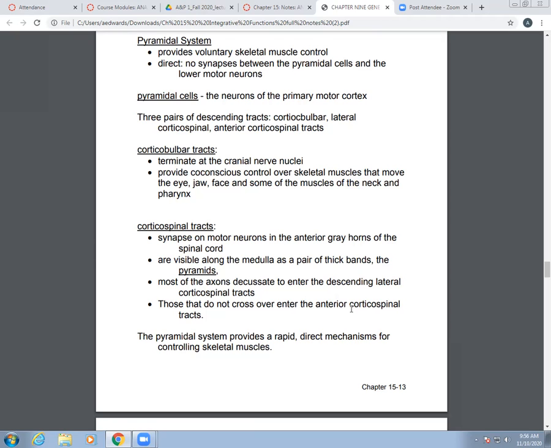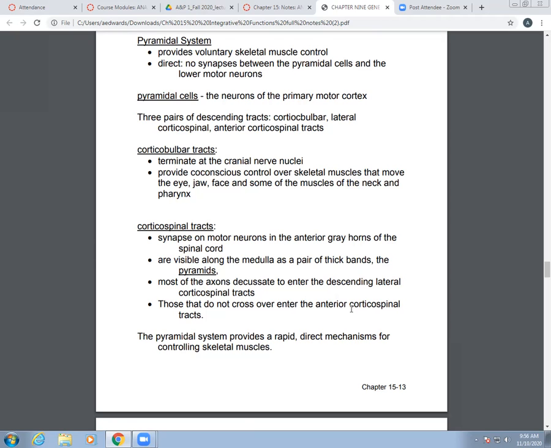If we start with the corticobulbar tracts, they're going to terminate in cranial nerve nuclei, and they're going to provide more conscious control over your skeletal muscles. They move things like your jaw, your face, your eye, some muscles in your neck, and some muscles in your pharynx.